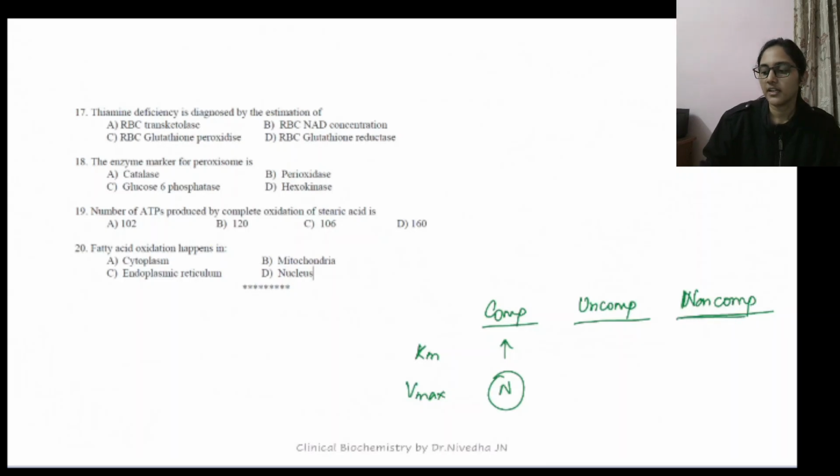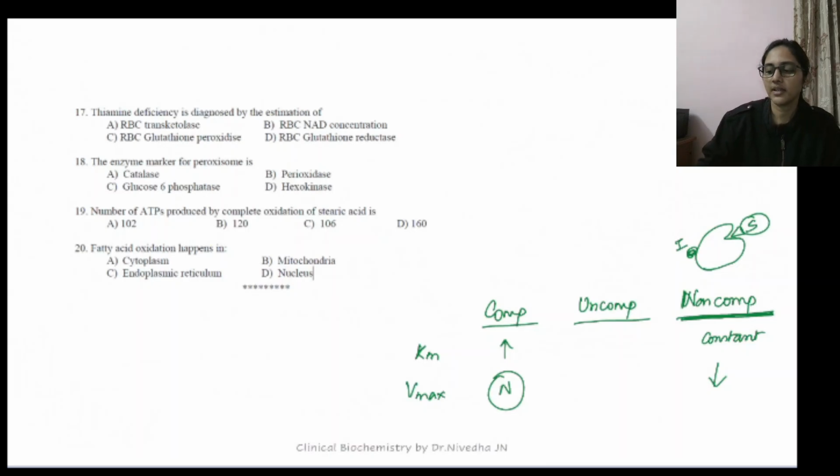In non-competitive inhibition, the inhibitor is going to bind to another site other than the active site. So here your Km is going to stay constant and Vmax is going to decrease, right?